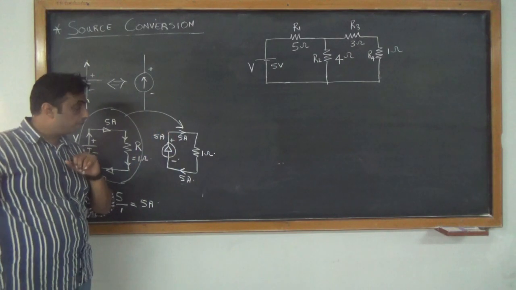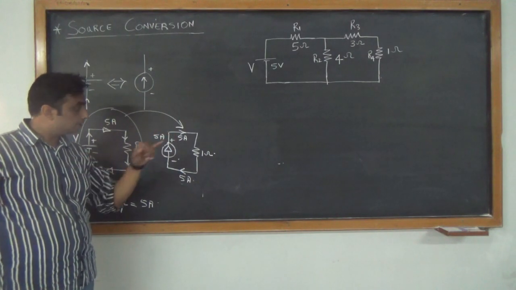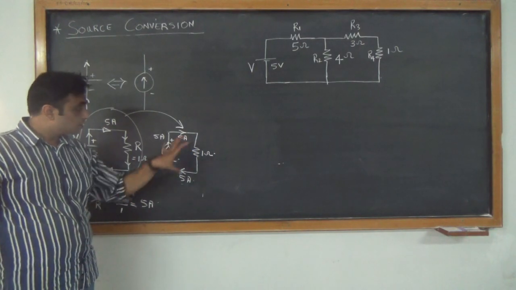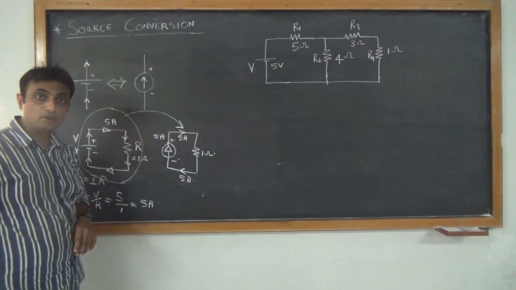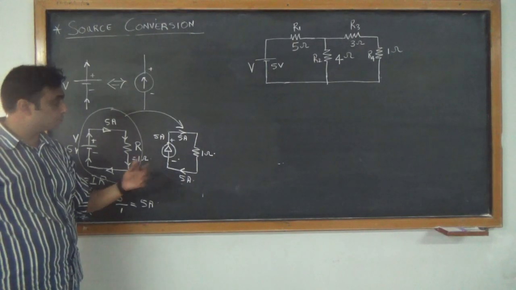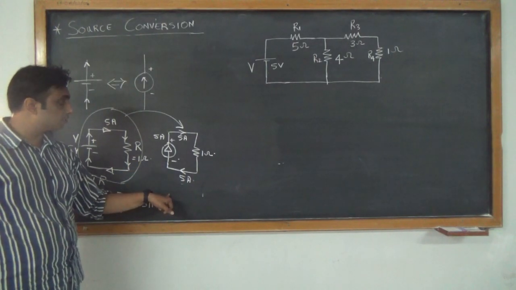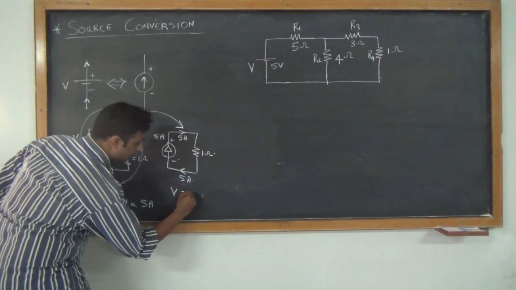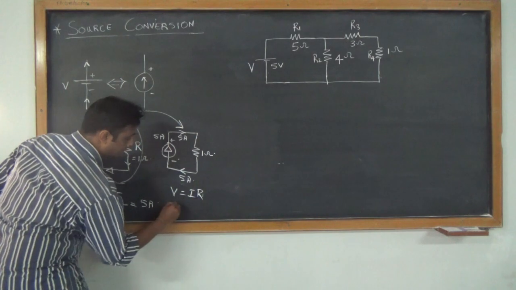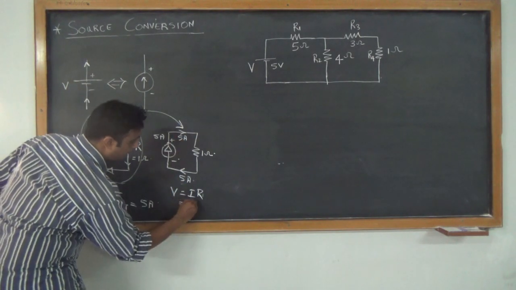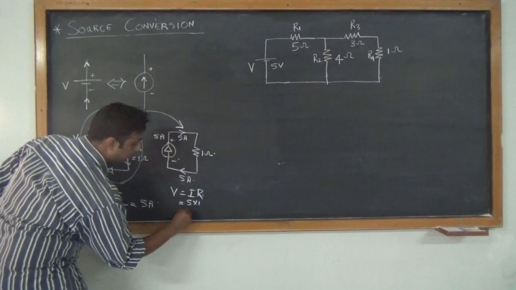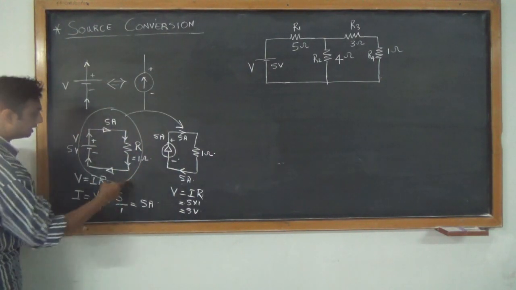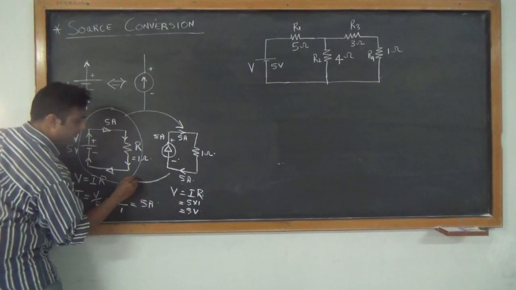Now, since we got 5 amps here, passing to this 1 ohm resistance, what is the voltage across this 1 ohm resistance? Obviously, V equals I into R. So V equals what? 5 into 1, which again gives me 5 volts, which is basically this diagram back again.